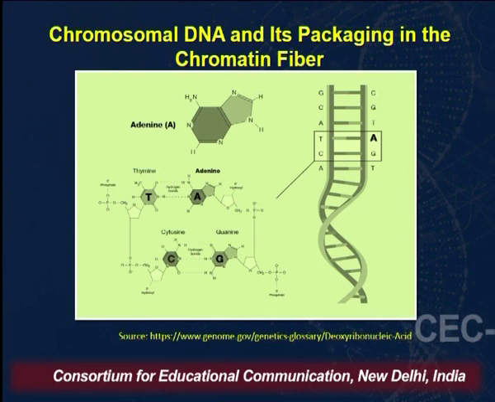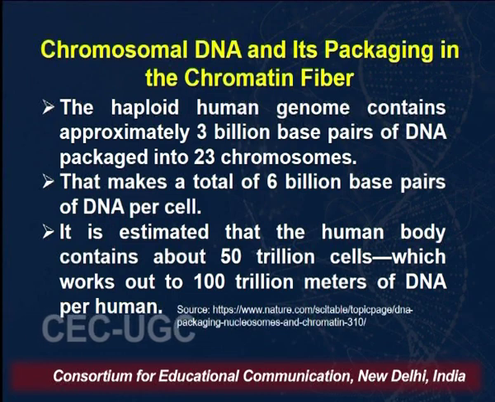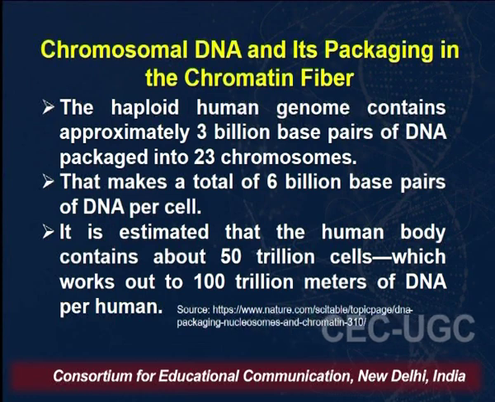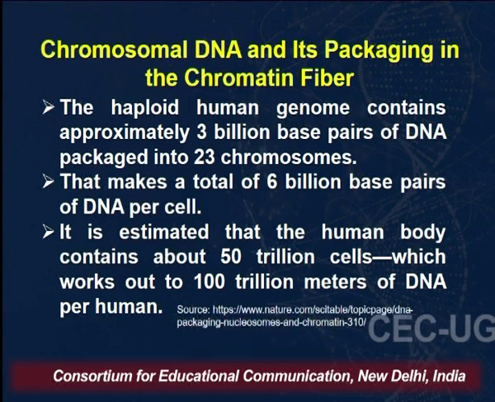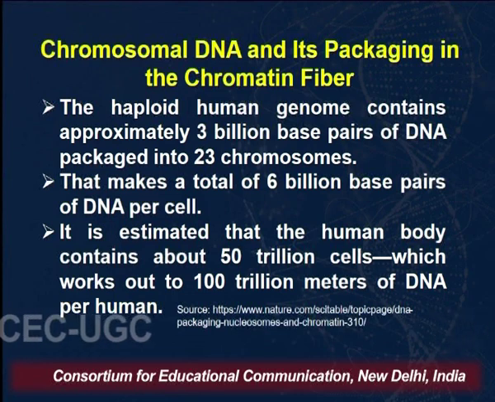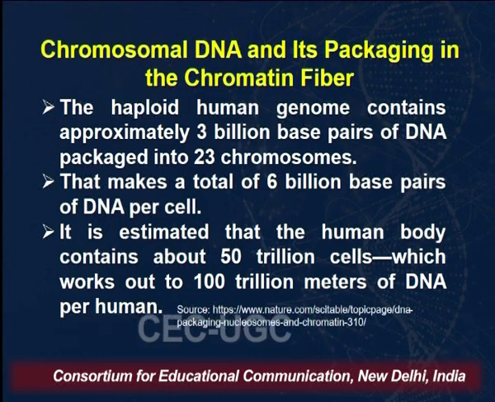Now this DNA double helix is very important. It is said that a haploid human genome contains approximately 3 billion base pairs of DNA, which is packaged in 23 chromosomes. There are a total of about 6 billion base pairs of DNA per cell, and it is said that the human body contains about 50 trillion cells.